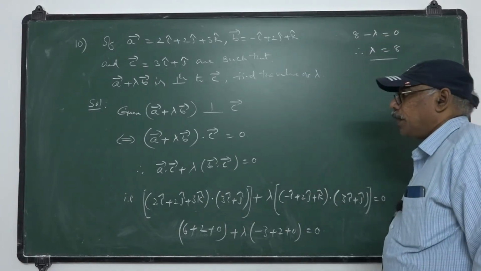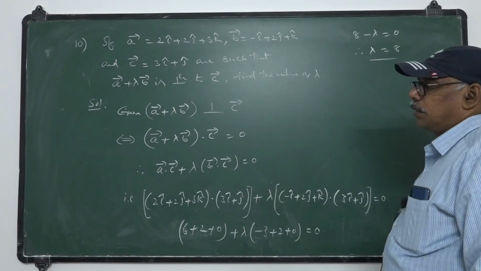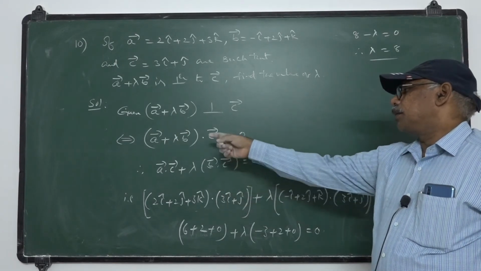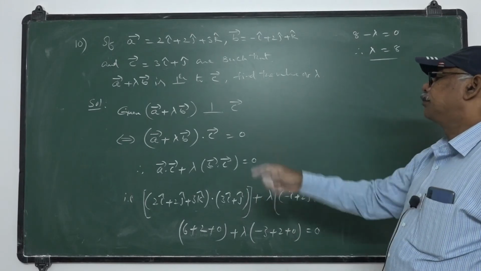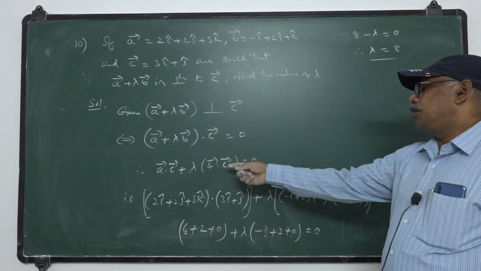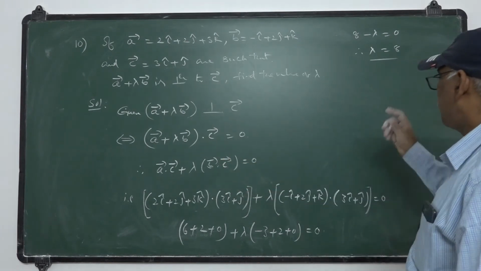Once the vector a bar plus lambda b bar is perpendicular to the vector c bar, then their dot product is 0. By applying the distributive law of the dot products, a dot c plus lambda b dot c is 0. Hence, we get lambda value as 8.